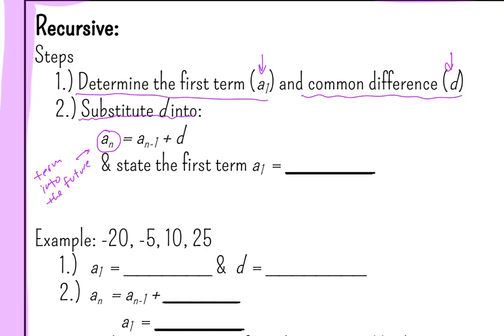So if we were to rewrite this using n equals 1, check it out, n right now equals 1, well then we would get a sub 1 minus 1 plus d, and I'm going to rewrite this whole thing as a sub 1 equals a sub 0 plus d. If that feels weird, remember this is kind of like our y-intercept, and this is basically our slope, right?